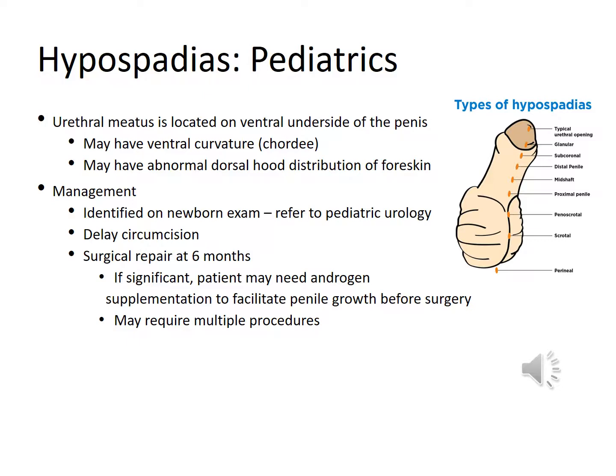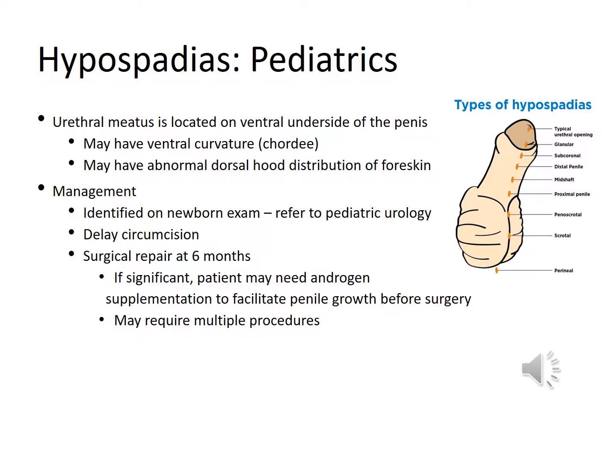So management for patients who have hypospadias is that we delay their circumcision, we're not doing that immediately, and we consider surgical repair at about 6 months of life. The extra foreskin could potentially be used as a graft for repairing the hypospadias.